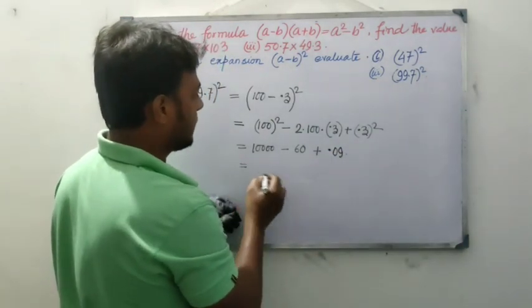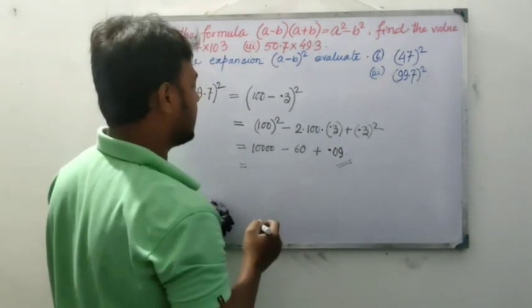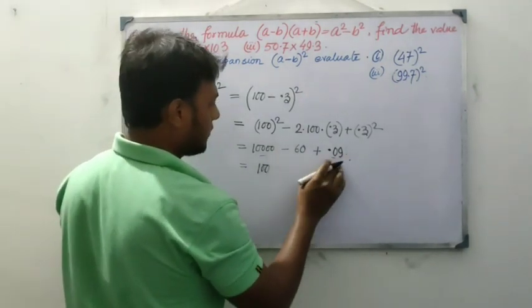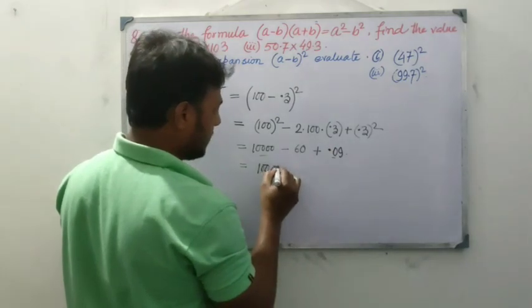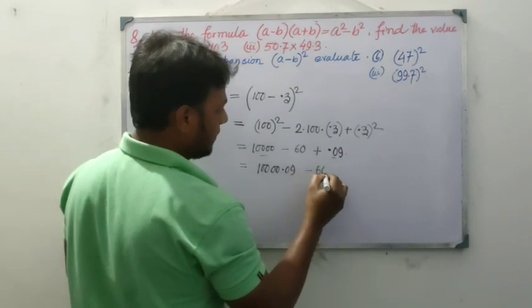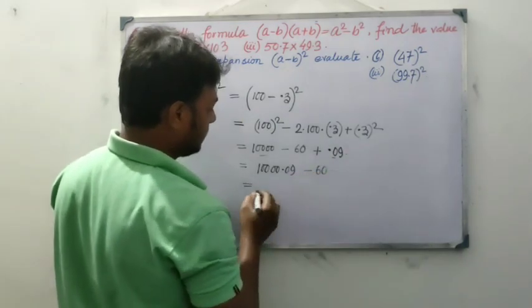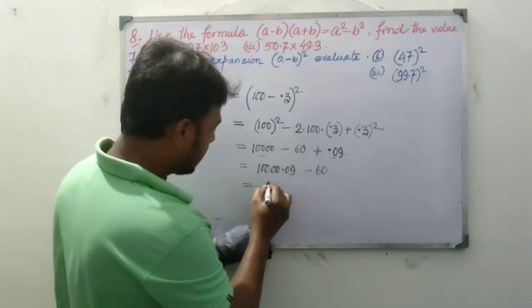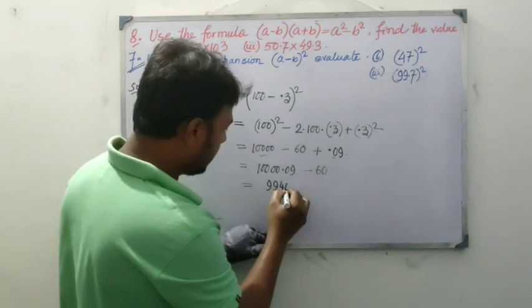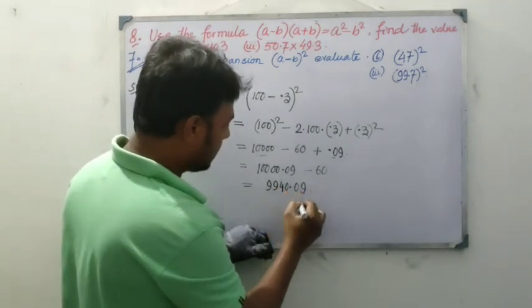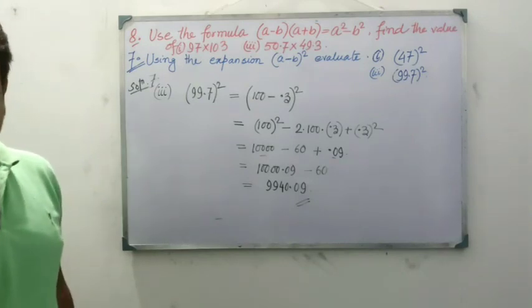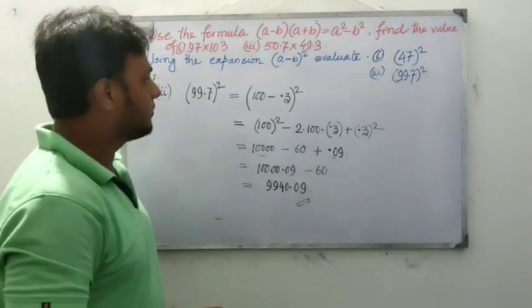Now if you simplify this, combining the first and last, 10000 plus 0.09 minus 60, you will get 9940.09. This completes the solution.